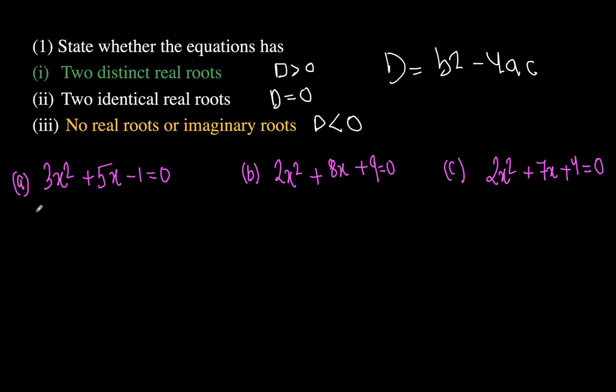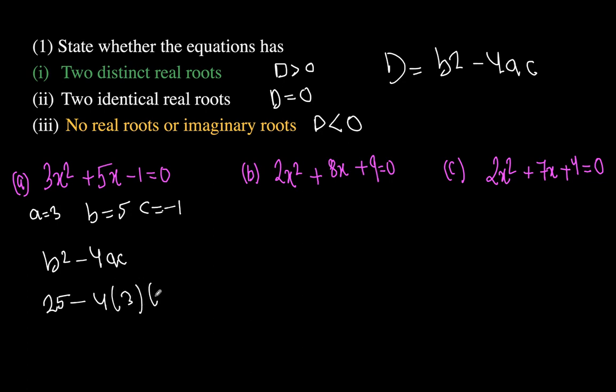So here, first identify a. What is a? A is 3, b is 5, c is minus 1. Now if you calculate b square minus 4ac, what will you get? So b is 5, so b square is 25, minus 4 into a, which is 3, and c is minus 1.